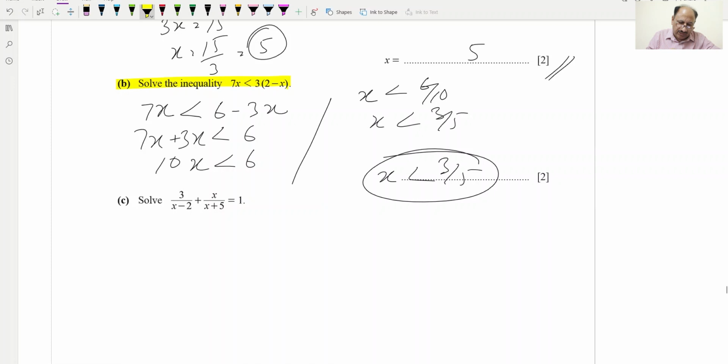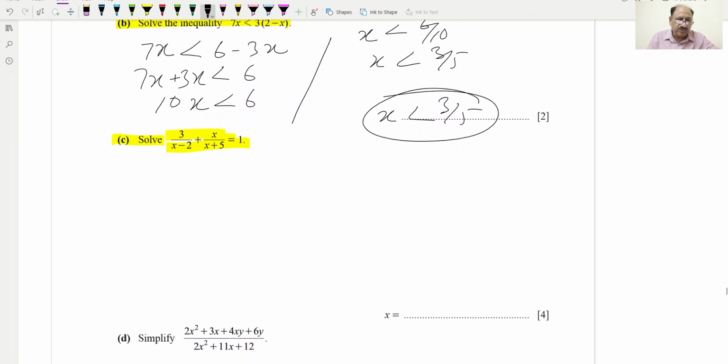Now the algebraic fraction, this one we need to solve. Basically it's an equation. The simplest way to solve these types of questions is to rewrite the equation. I will write 3 over x minus 2 in brackets plus x over, I will keep the gap, x plus 5 and equal to, I will write 1 also in brackets.